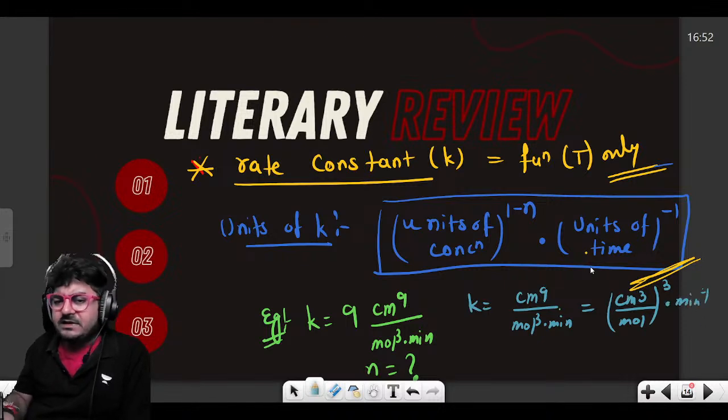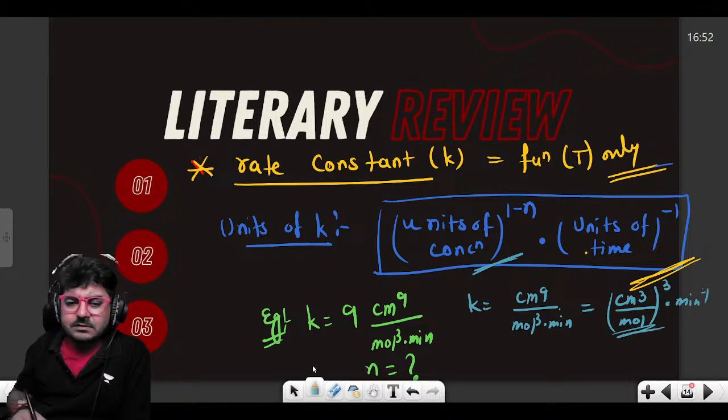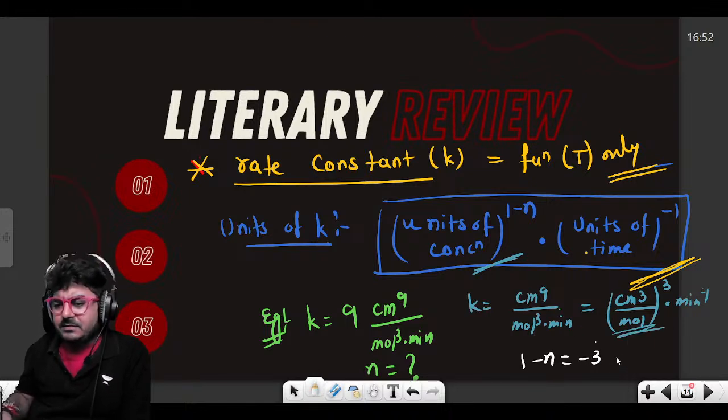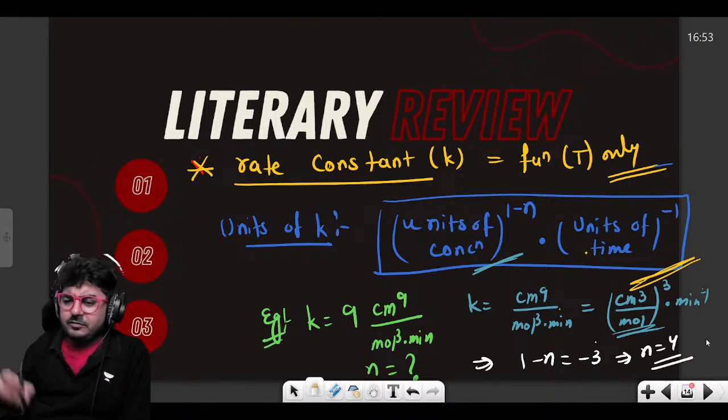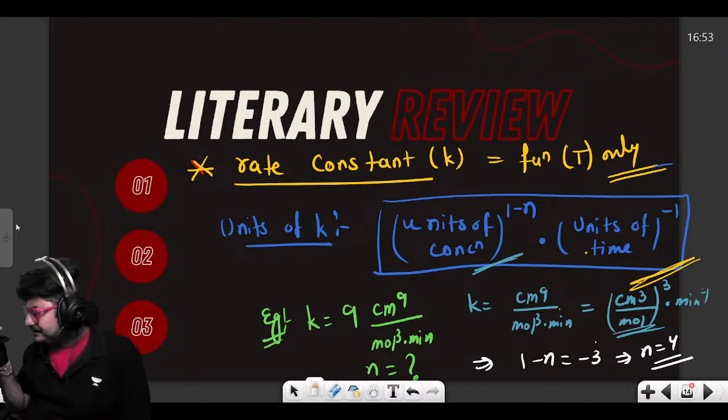So now if you compare this, so you can check, you will get 1 minus n equal to -3, तो आपका n equal to आ गया 4, order of reaction will be 4, simple.